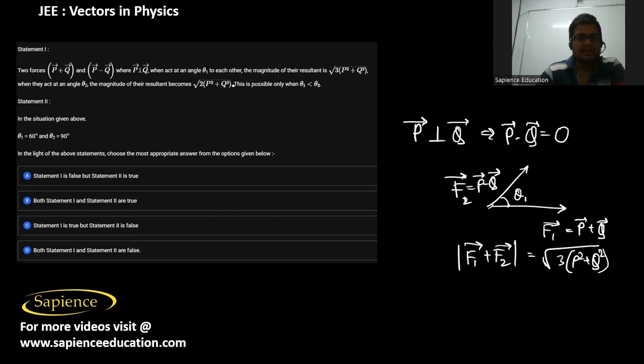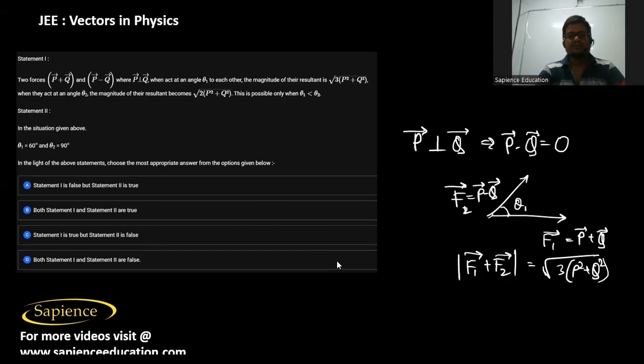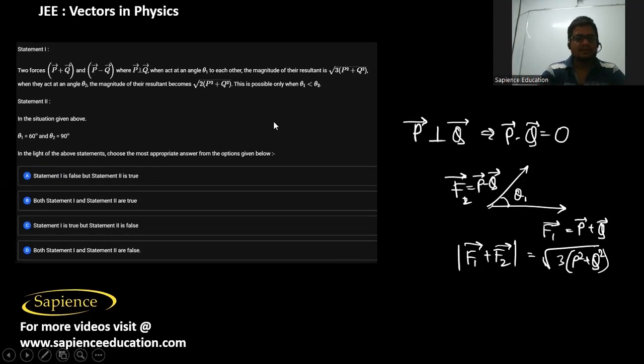Then statement 2: in the situation 2 given above, theta1 equal to 60 degree and theta2 equal to 90 degree. In the light of the above statements, choose the appropriate answer. So we have to find the angles and the relation in between the angles theta1 and theta2.